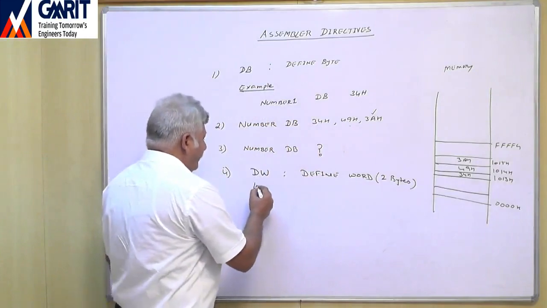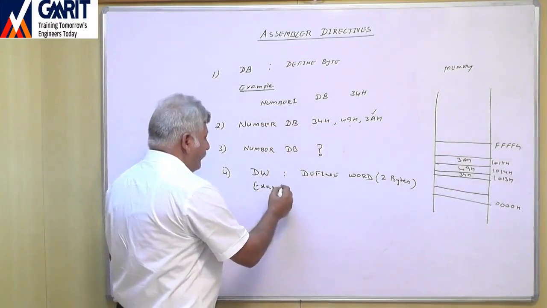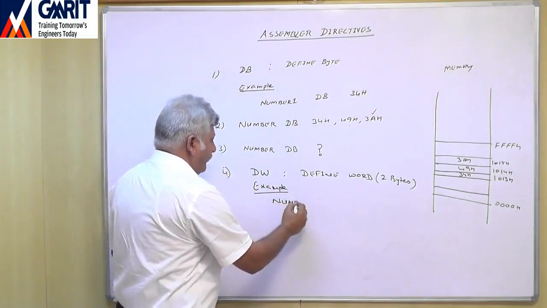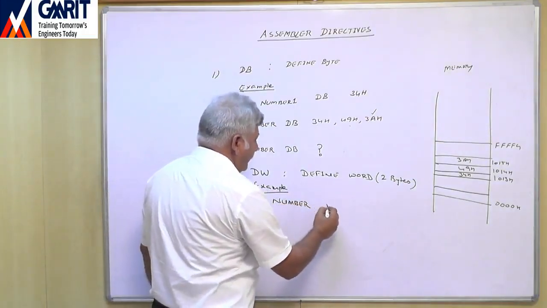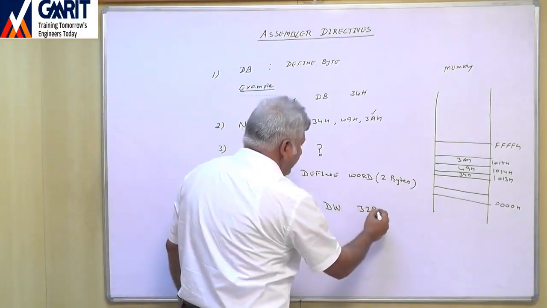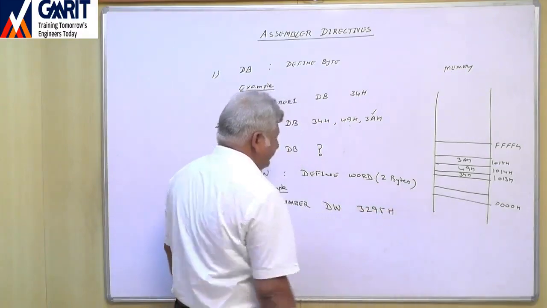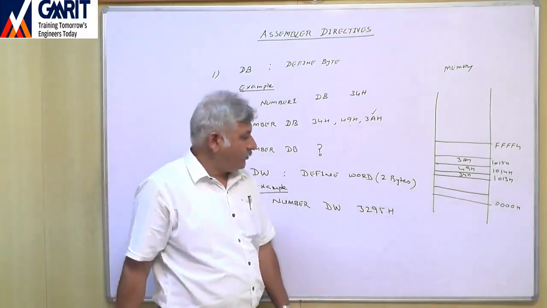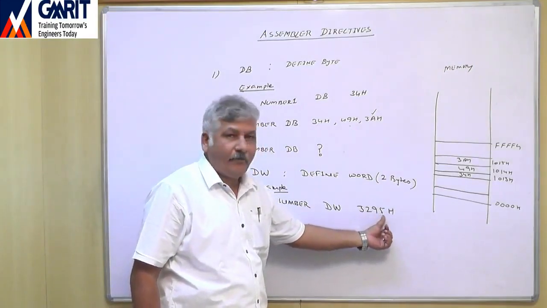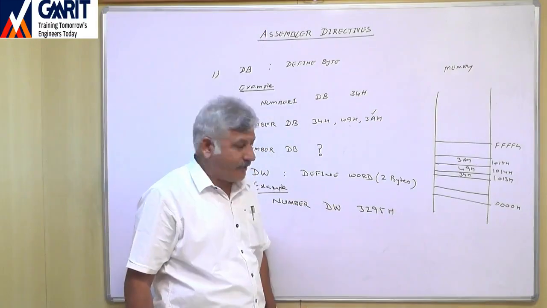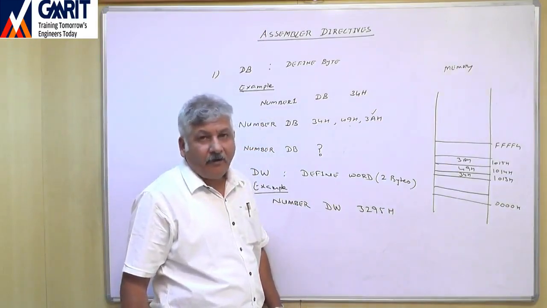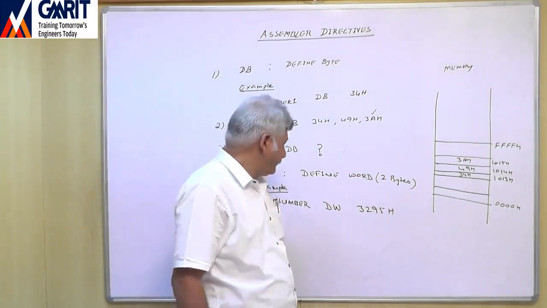For example, number DW 3295H. So now this is my 16-bit number. 3295H is a 16-bit number. So to store this 16-bit number, we require 2 memory locations.